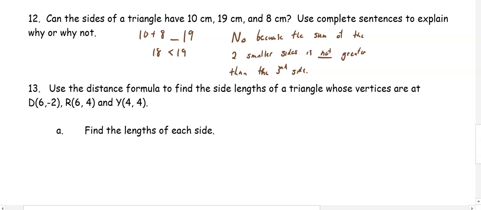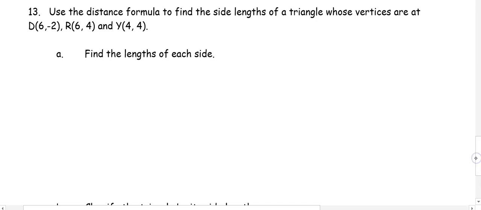In number 13, use the distance formula to find the side length. So remember that the distance formula is the square root of x2 minus x1 squared plus y2 minus y1 squared. So we're going to do three different sides. We need to do DR as our first side.